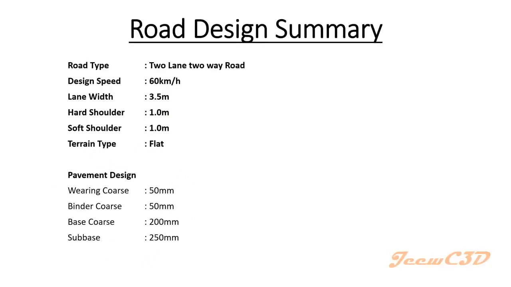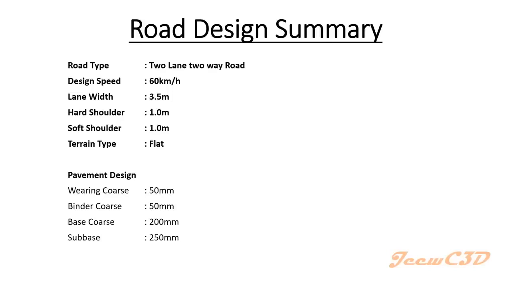You need this one in road designing. So you need this pavement design value. It is given as bearing course 50 mm, binder course 50 mm, base course 200 mm and sub base course 250 mm. So we will be going to use this data later in the Civil 3D video.